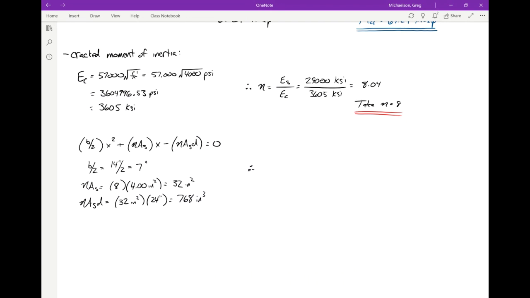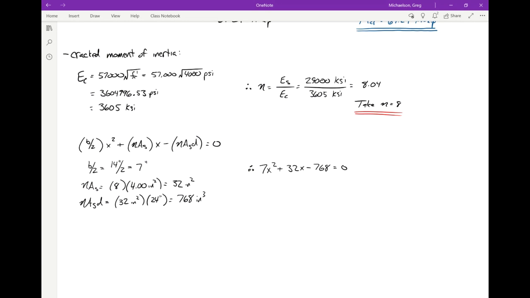So therefore, we have a quadratic equation that's 7x squared plus 32x, and then it's minus 768. Okay, don't forget that last term is negative here. Now, I'm assuming that everybody here can solve a quadratic equation. When you solve this out, you get 2 answers. Again, negative b plus or minus square root of b squared minus 4ac all over 2a.